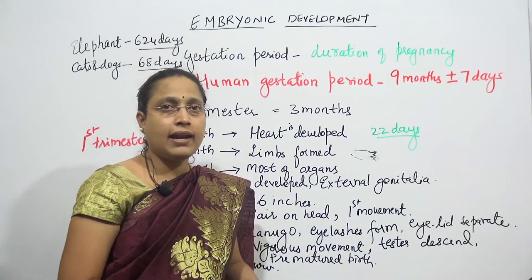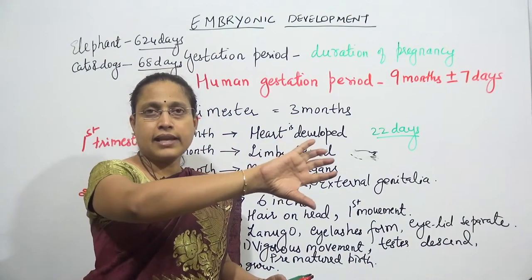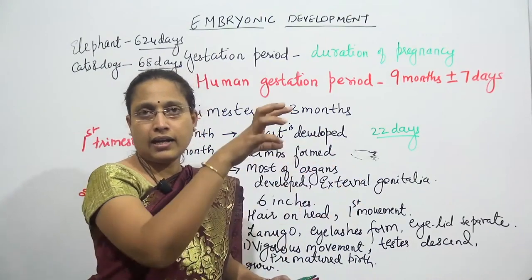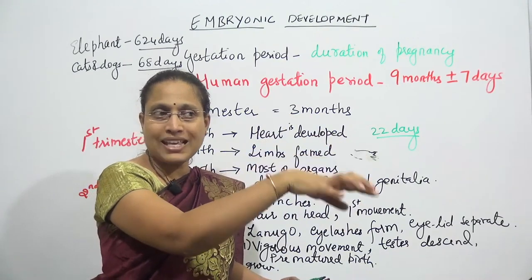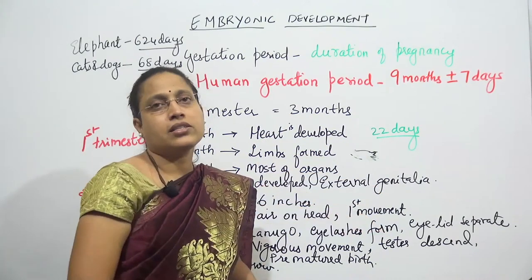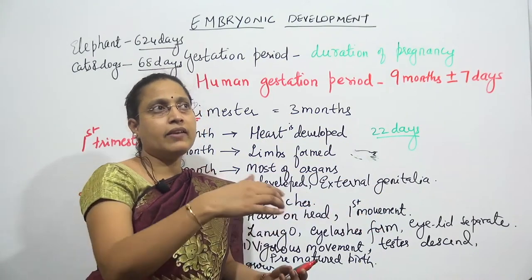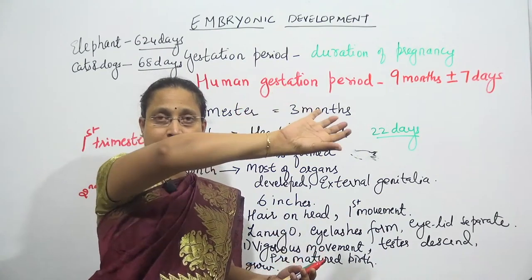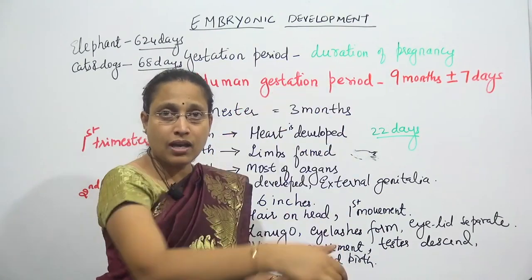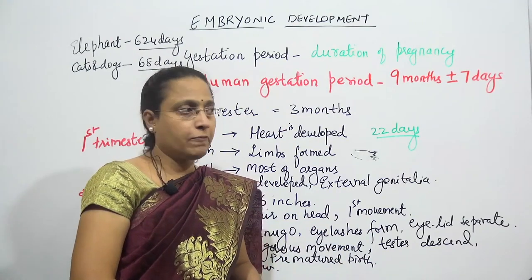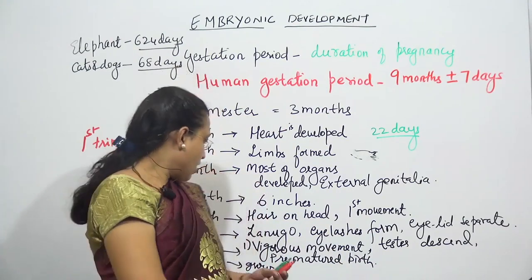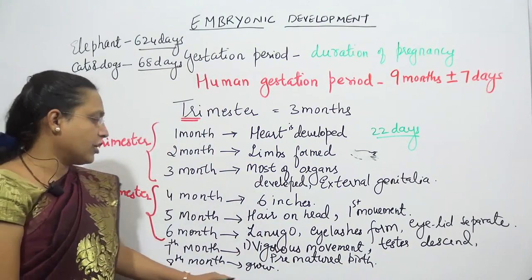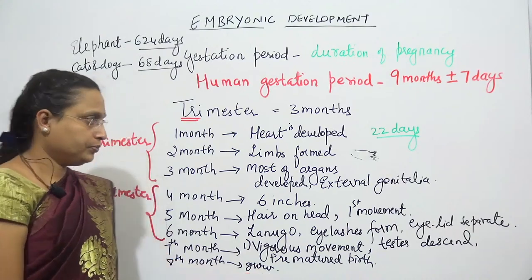Otherwise the head will be near the fundic region. Now it will take a turn and the head comes near the cervix region. It's called cephalic presentation. And the fetus continues to grow.